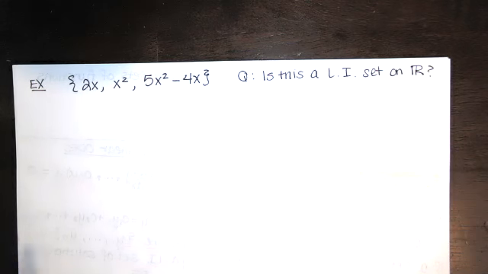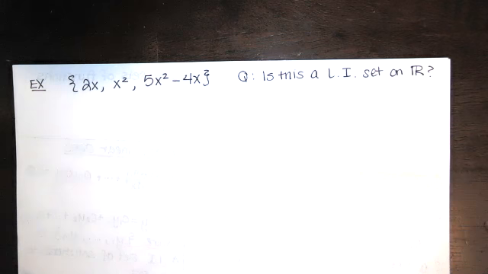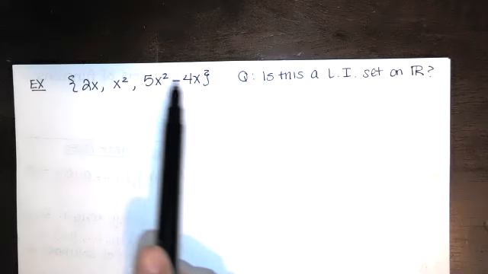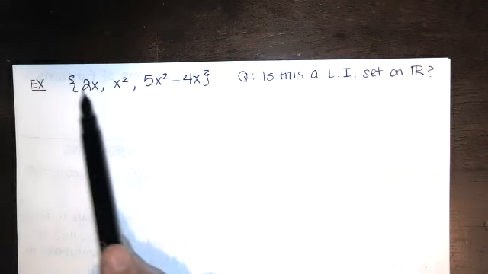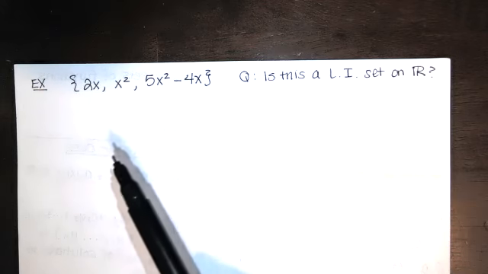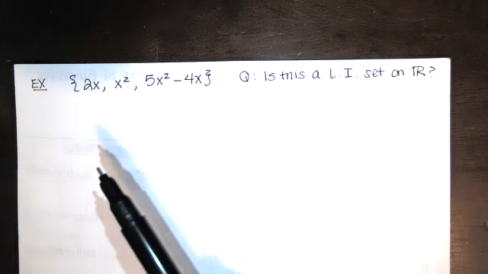Or in other words, is there any function on this list that I can get by taking a linear combination of 2 other functions? A linear combination is just a function times a constant plus the other function times a constant. Can you get this function by multiplying these 2 guys by constants and adding them together? I think you can. So this is actually a linearly dependent set.